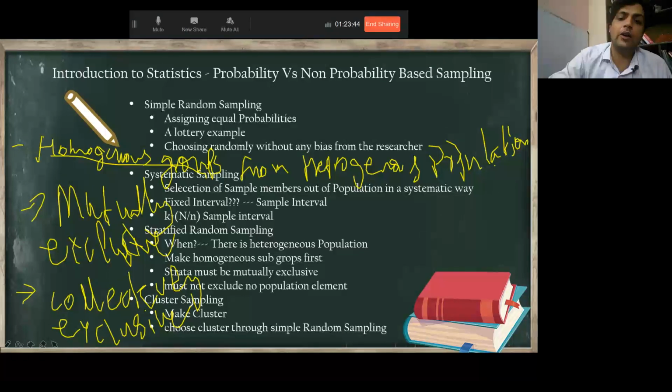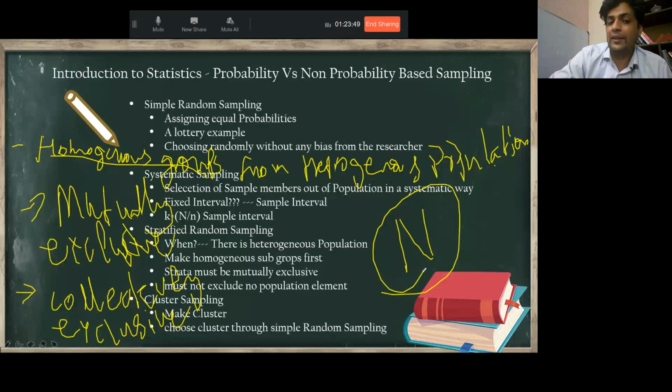Here we first define N. We divide N into smaller homogeneous groups, which are mutually exclusive, meaning one is not repeating in another group. Then collectively exhaustive means each and every person is included in these groups. And then we choose randomly a small n from each group, right? That's stratified sampling.